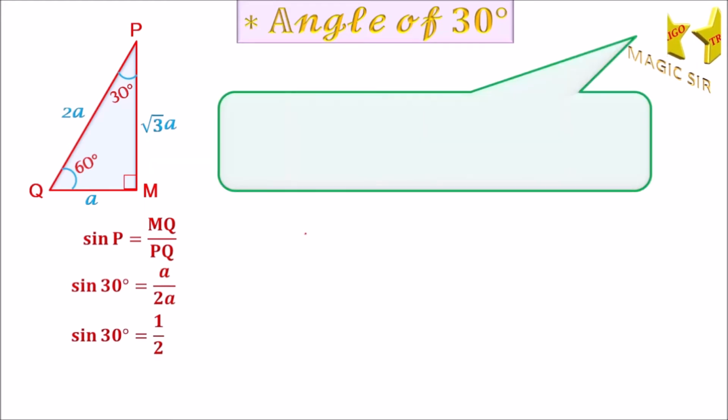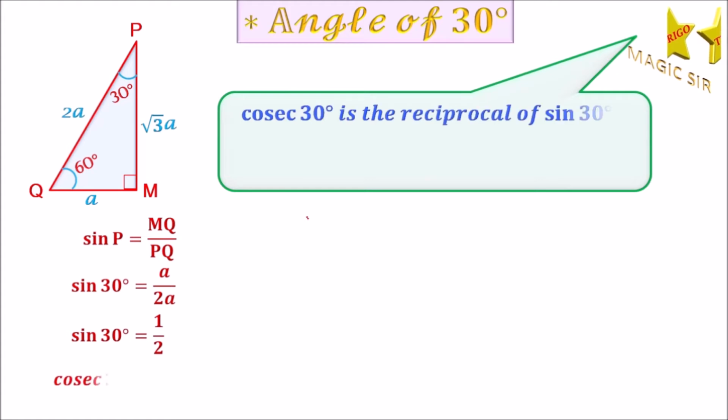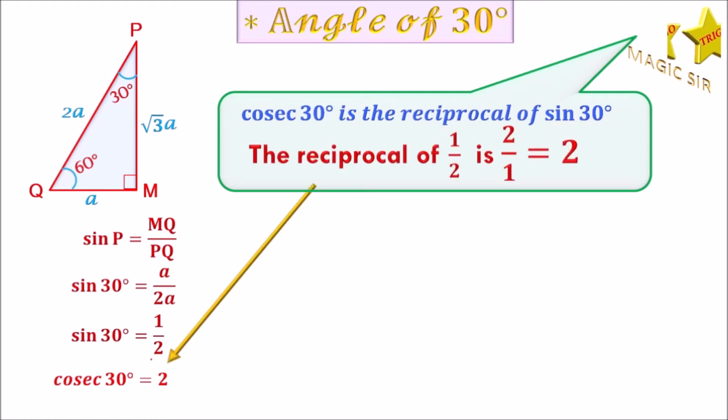But we know that cosec 30 is the reciprocal of sin 30. We know that sin 30 and cosec 30 are the reciprocal of each other.